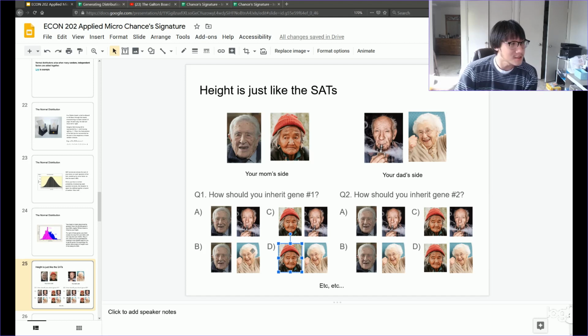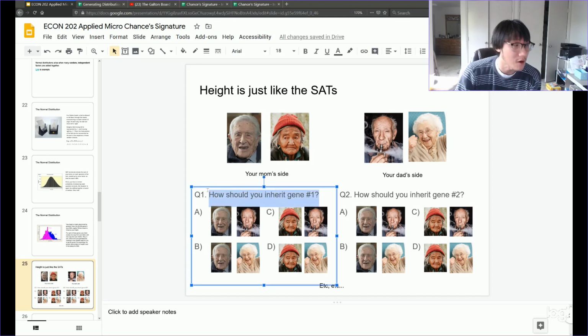And so these four patterns, four ways that you could inherit a particular gene, determine basically the contribution of that particular gene to your height. And so when nature determines what your height is, it's kind of like nature sits down and answers 700 SAT questions.